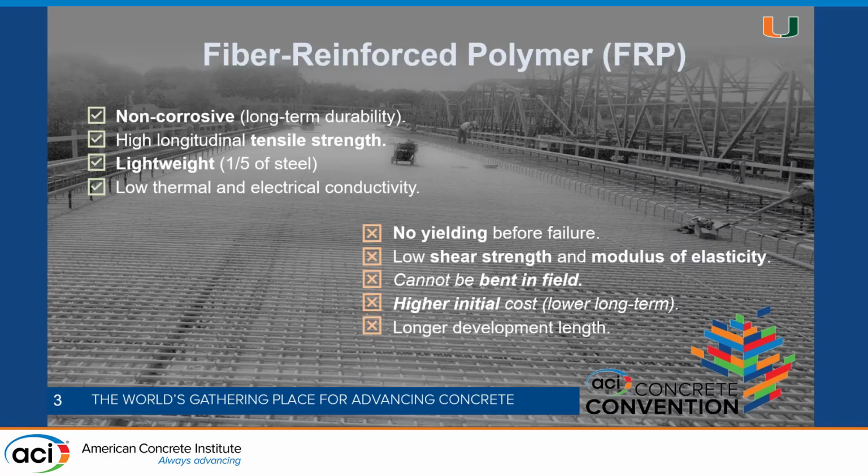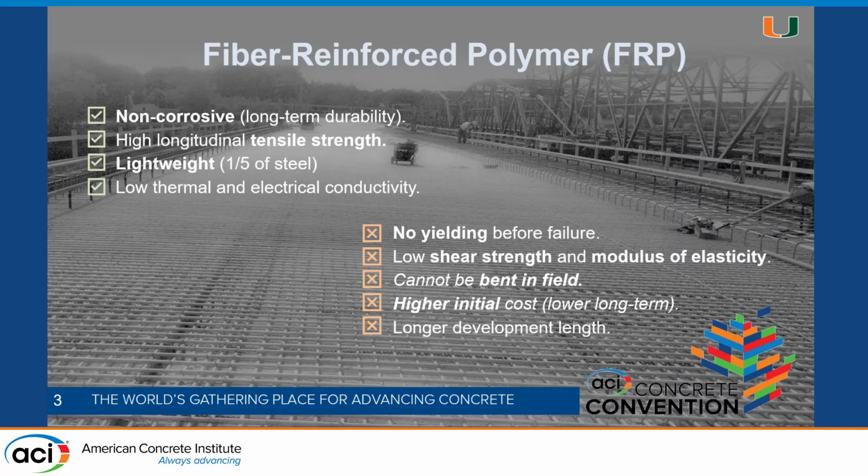So why FRP? FRP has good advantages. Also, it's not a perfect material, it has some disadvantages that I'll discuss. So it's a non-corrosive material. So for a specific application, when you want to avoid corrosion, of course, you will like to have FRP. It has high longitudinal tensile strength. So if you think of a steel that has a yielding strength of 60 ksi, with GFRP bars, you could have a strength of up to 200 ksi.